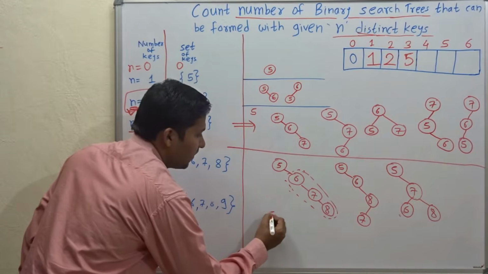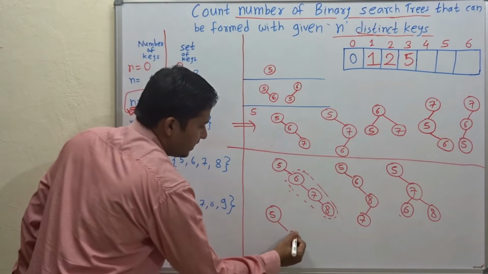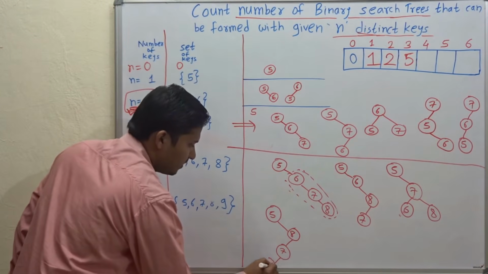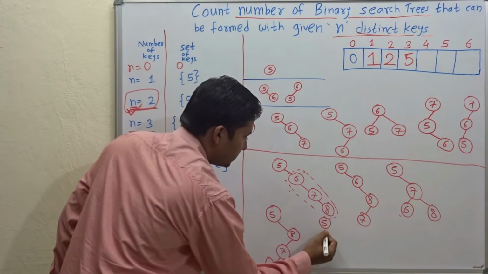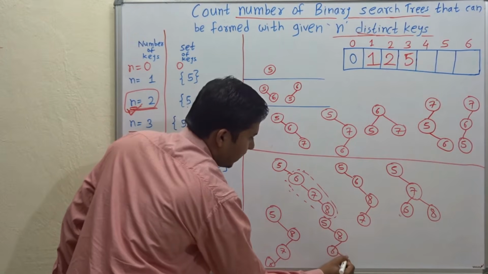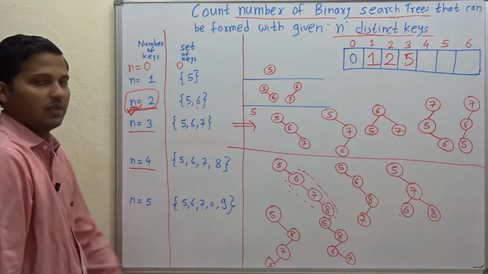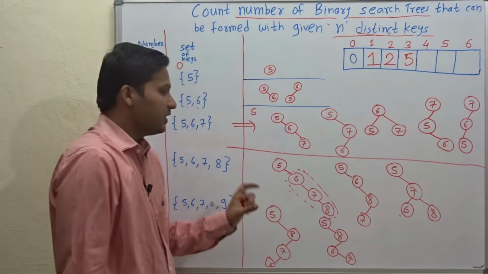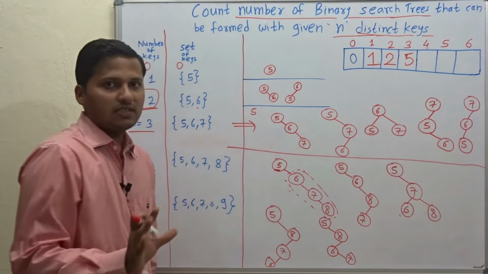Then again 5 as the root, then 8, 7 and 6. Right, and again 5 as the root, then 8, 6 and then 7. This is also one possibility. See, so these are the 5 binary search trees when the root 5 is fixed.